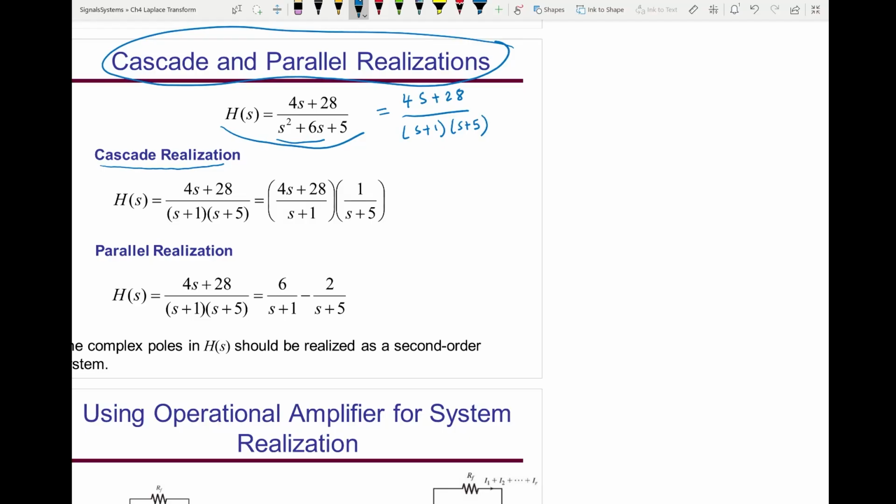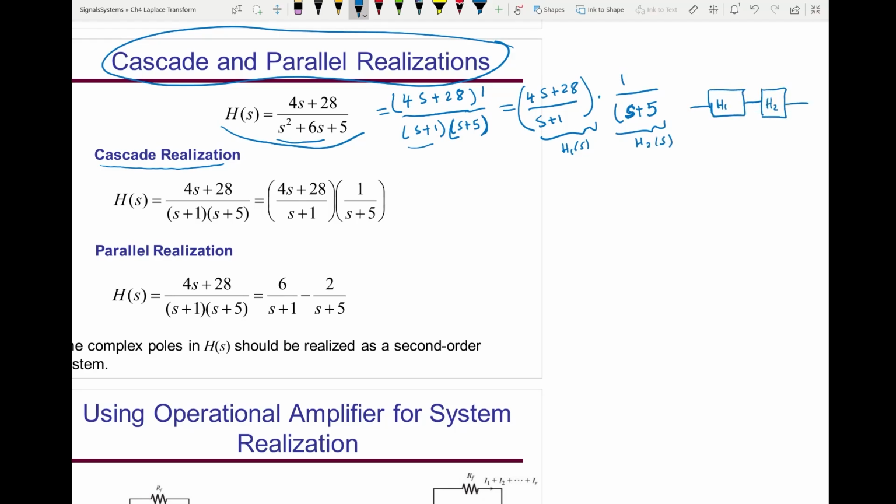Then I can express this as this multiplied by 1 divided by this. And now I have 2 subsystems. One is this one, H1 of s, and this is the second one, H2 of s, connected in cascade. And all of this is just this H of s. Now I can realize these, and connect them in cascade.